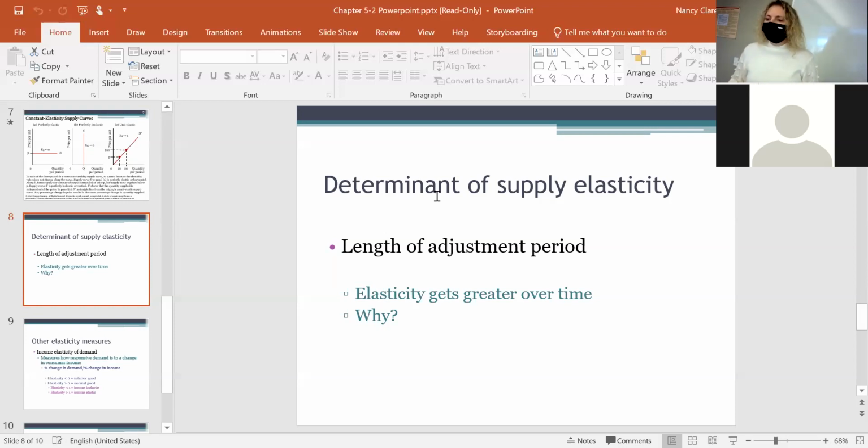What would change either an individual supplier's or a market supply in the case of a price change? What would determine how quickly suppliers could respond? Can you get your raw materials?